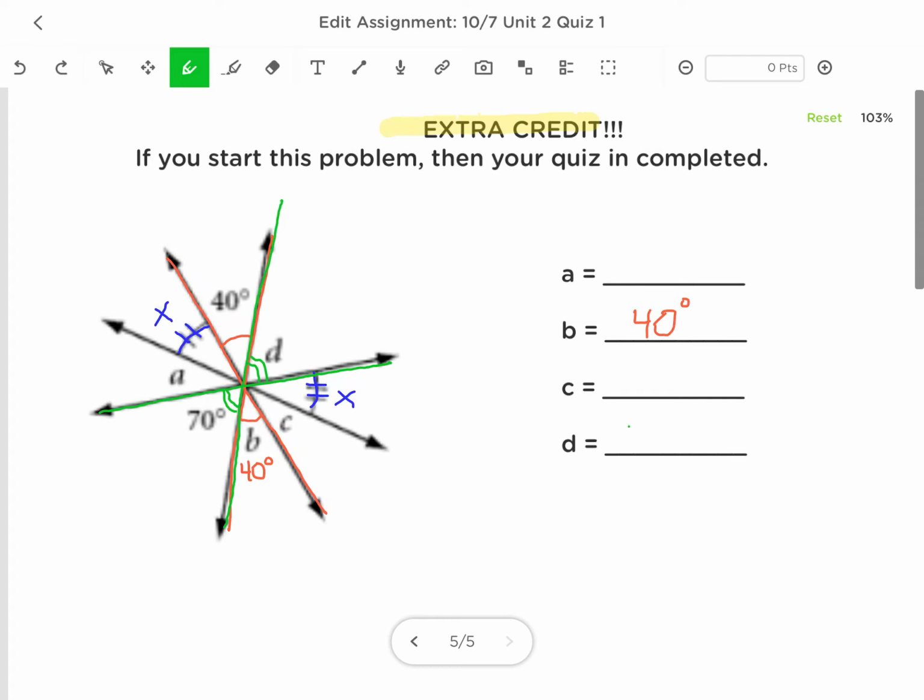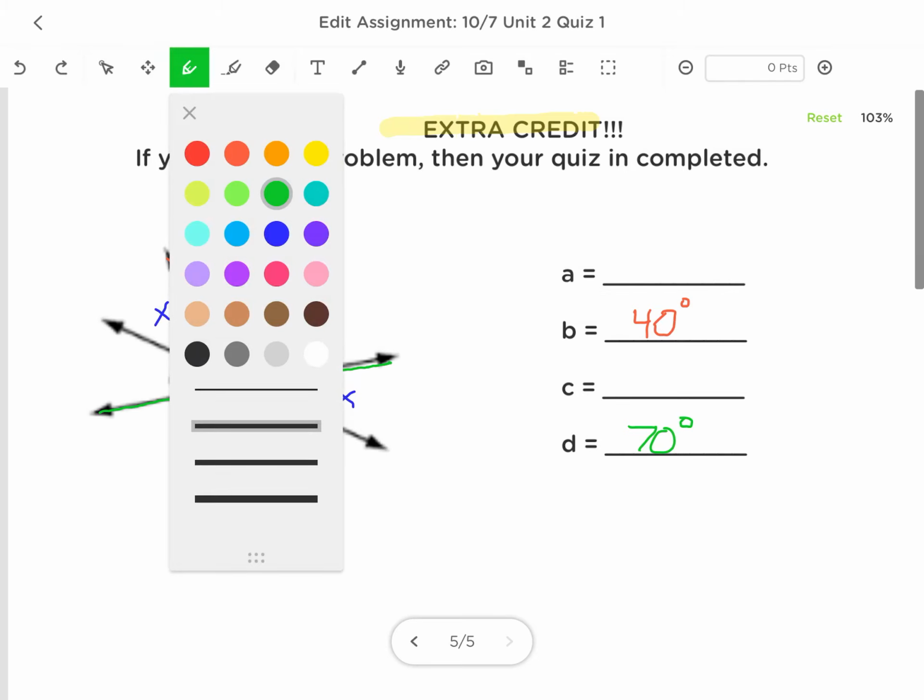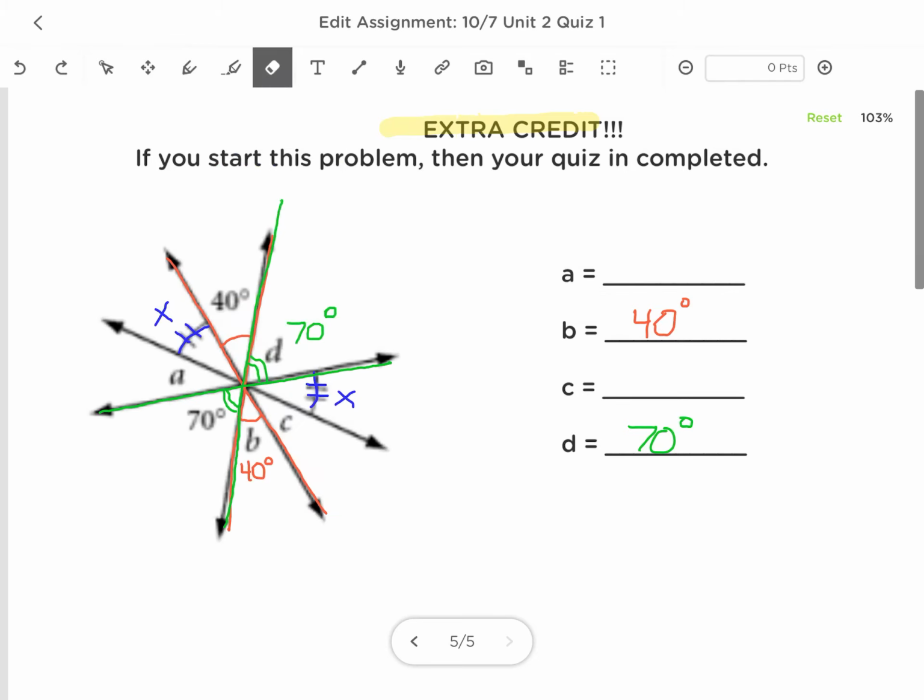So D is also going to be 70 degrees. Okay, and then let's use those vertical angles again. There's a lot going on here, so I'm going to erase some of these lines so there's not so much going on.